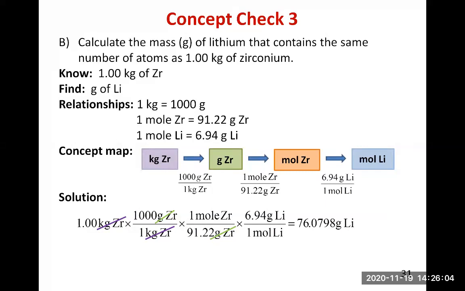And that's 76.0798, etc. grams of lithium. So we have 3 sig figs in the given amount. 1.00 has 3 sig figs. The 2 zeros are significant.